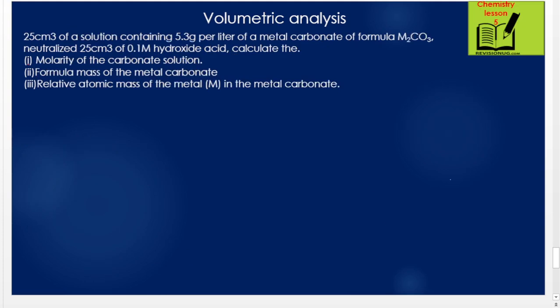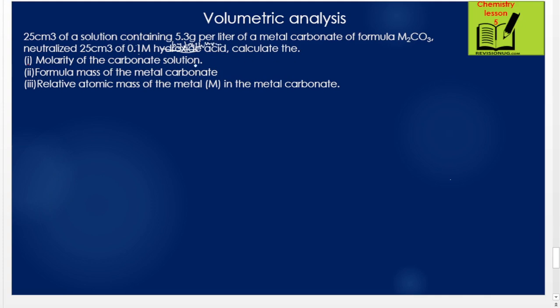Let us get our last example. Alright, so in this last example, they are telling us that 25 cubic centimeters of a solution containing 5.3 grams per liter of a metal carbonate of formula M2CO3 is neutralized by this volume of hydrochloric acid.